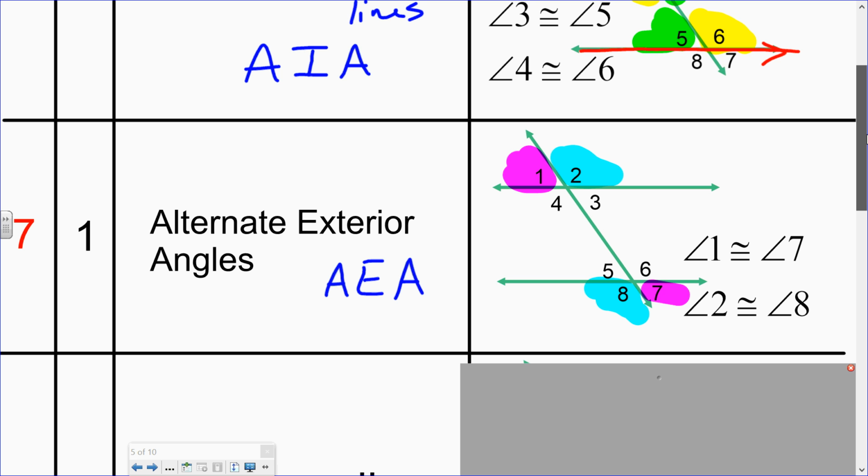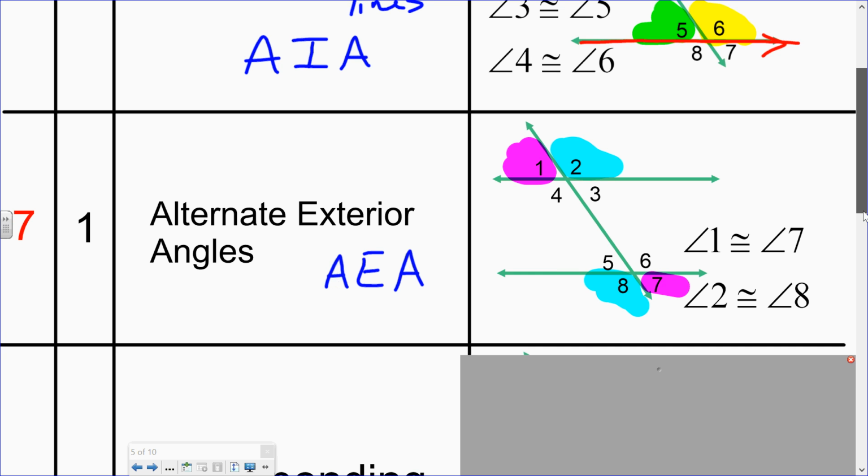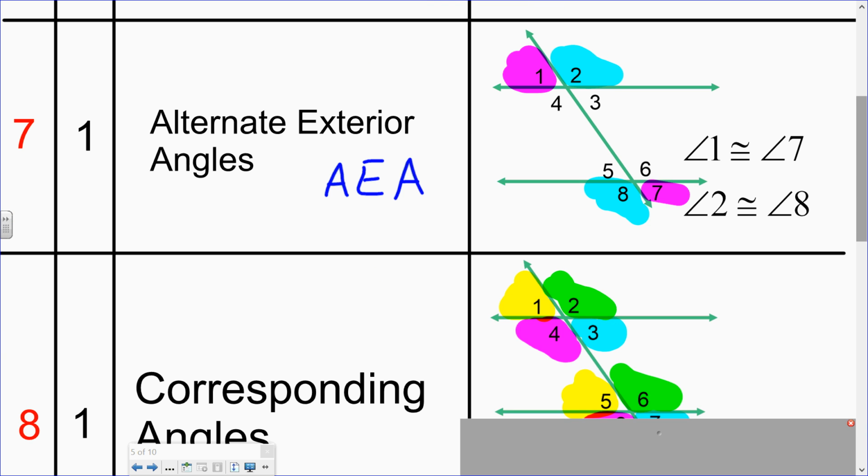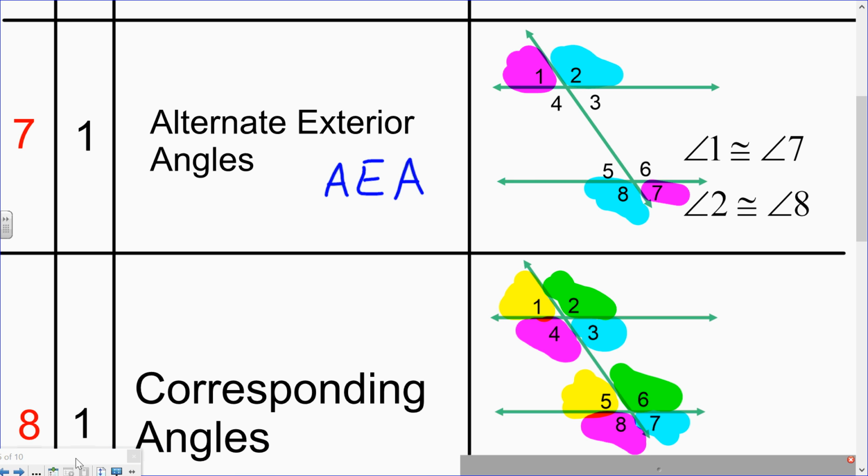Now, I could also, as I look at that picture, say, well, it looks to me like 1 and 5 have to have the same measure. They're both acute. But they're not both interior, they're not both exterior, so I can't use these two reasons I've already talked about if I want to talk about 1 and 5. Instead, I need to say that 1 and 5 are congruent to each other because they are corresponding angles.